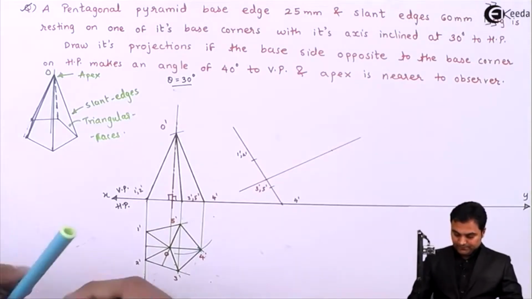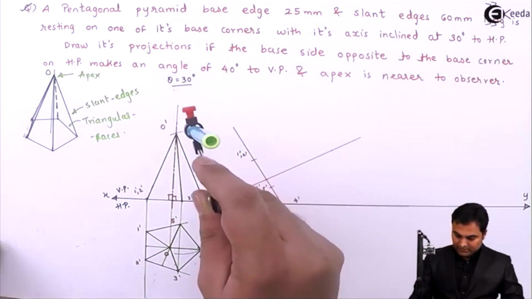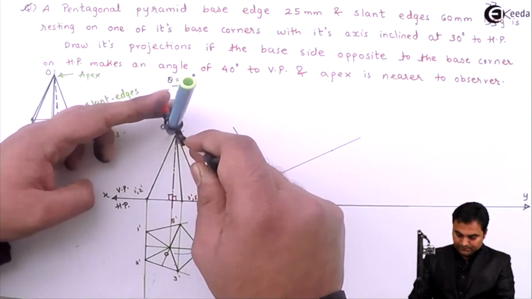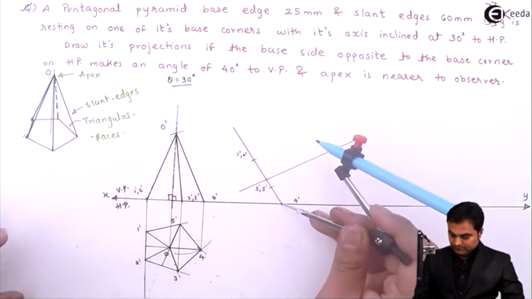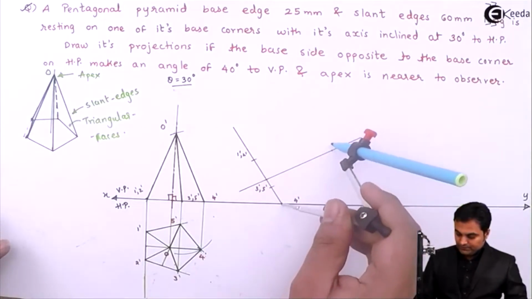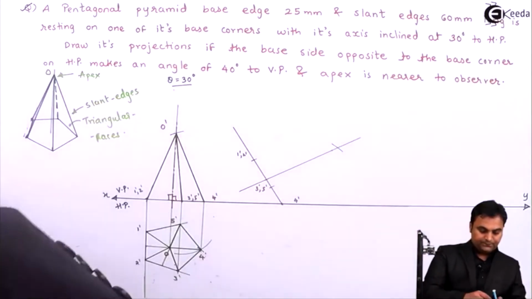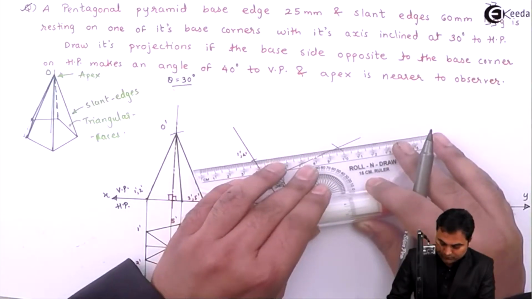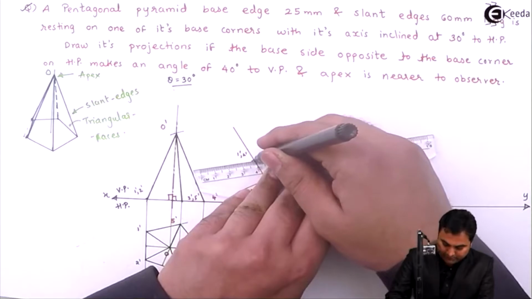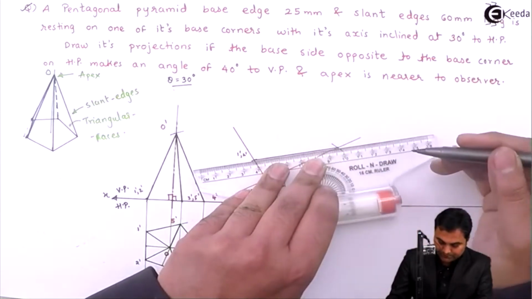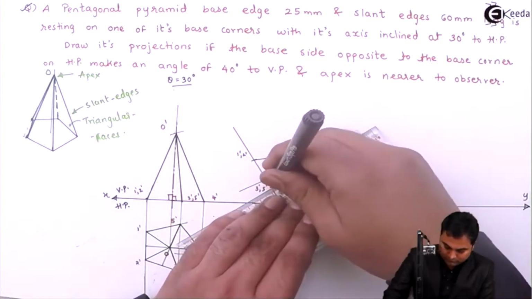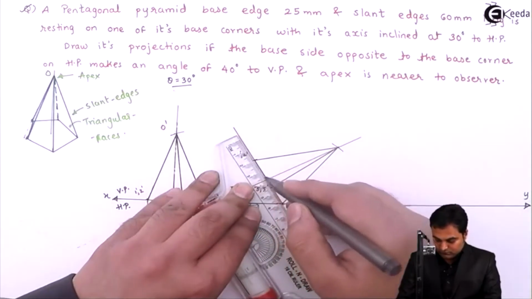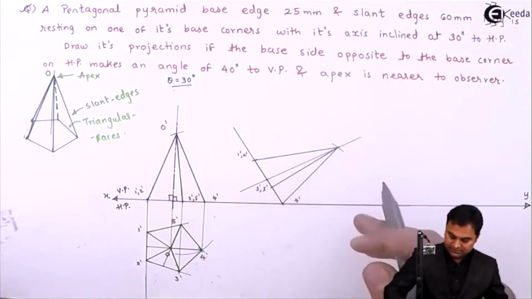And finally, I'll measure the slant edge, which was given as 60. Taking it from 4 dash, copying it here. Joining it to get the pyramid, the slant edge. And here is the axis.